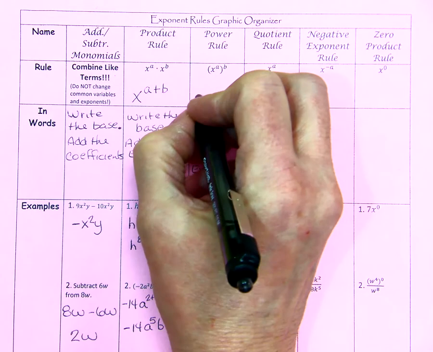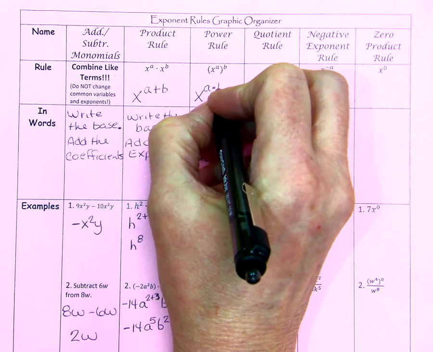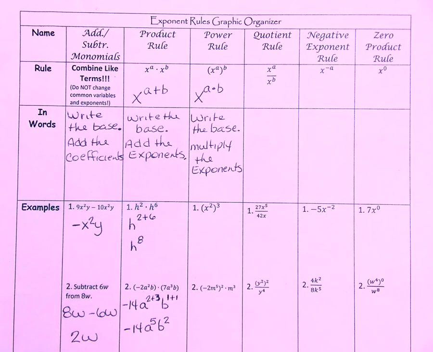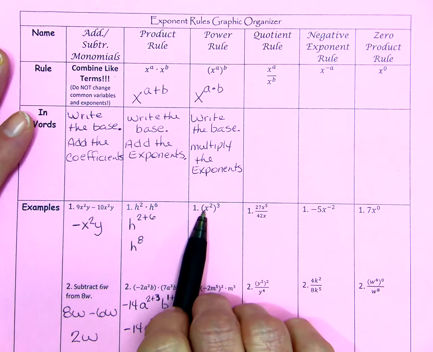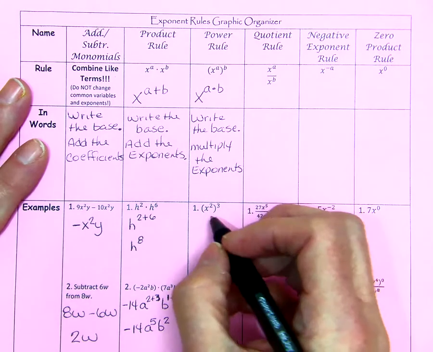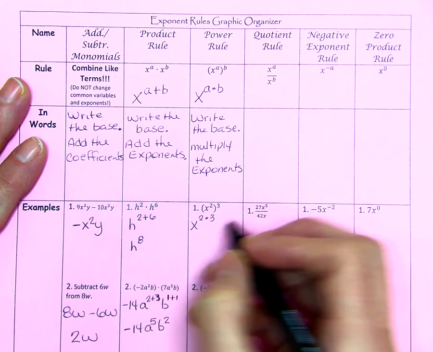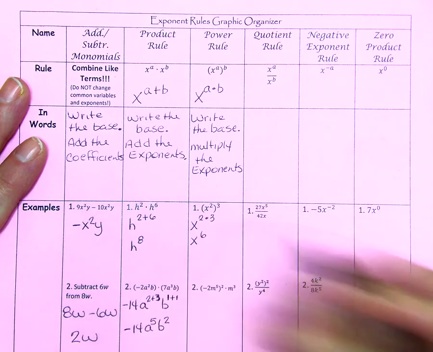So x to the a to the b is the same as x to the a times b, or x to the ab. So here, x squared raised to the third power is going to be x to the 2 times 3, which yields x to the 6th power.